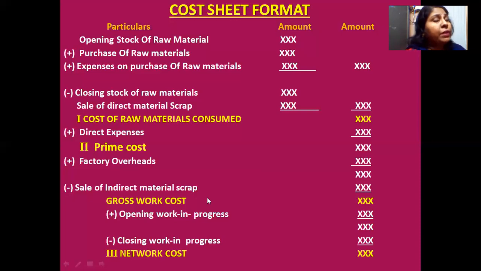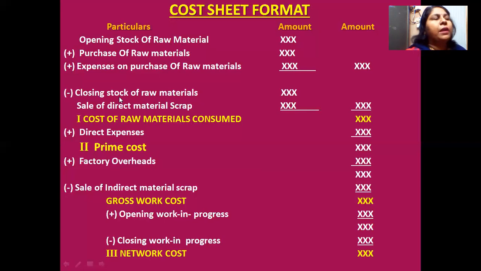In case you assume it is direct material scrap, you need to consider it over here when you are calculating the cost of raw materials consumed. If they specifically give direct material scrap or indirect material scrap, we need to consider it accordingly. If only sale of scrap is given in the problem, it's your wish. You can either consider it a direct material scrap or an indirect material scrap. Are you clear? And then based on that assumption, you must give a note under the solution.